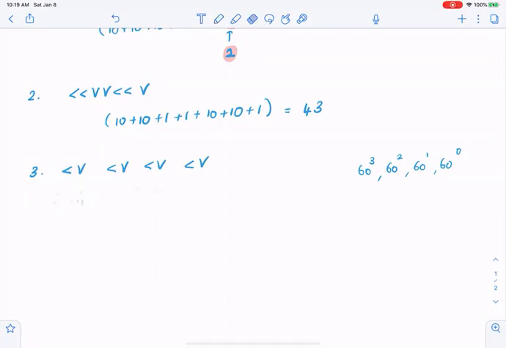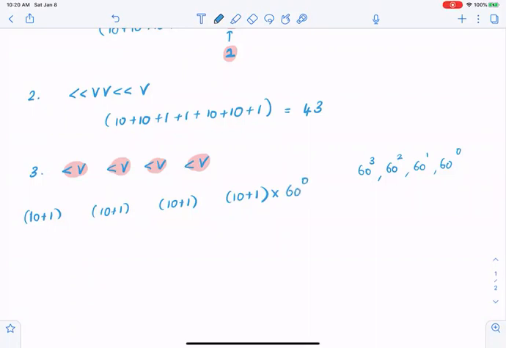Let me give more space. So I have 4 different terms, each corresponding to that notation. But since there are 4 different terms in 3 spaces, I've got to multiply from the right-hand side by 60 raised 0.